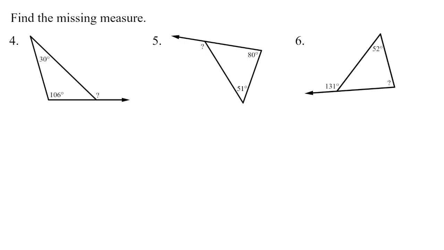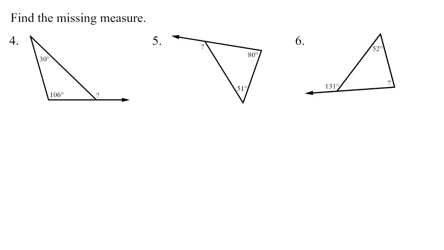So here are some examples. Number 4, you're given that two interior angles are 30 and 106, and they want you to find the exterior angle. The exterior angle is the sum of its two remote interior angles.